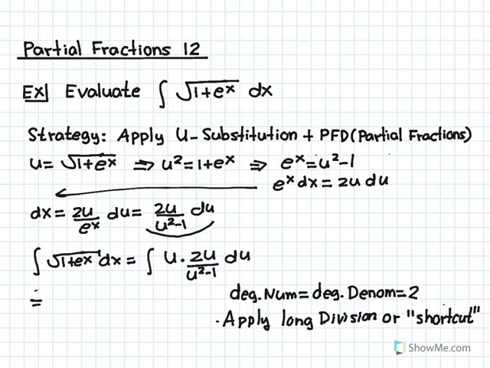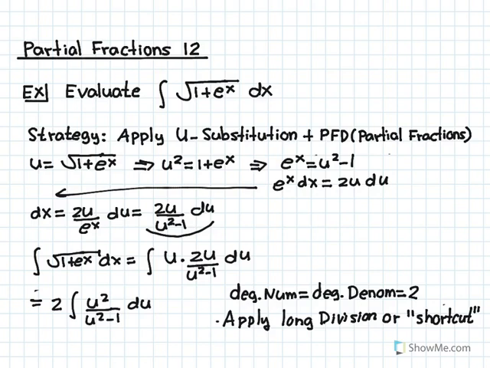Let's bring out the 2, so we get 2 times the integral of u squared divided by u squared minus 1 du. Now, clearly the degree of the numerator is 2 because u squared is a polynomial of degree 2. The degree of the denominator is also 2 because u squared minus 1 is a polynomial of degree 2. Since the degrees of the numerator and denominator are equal, we have to apply long division first.